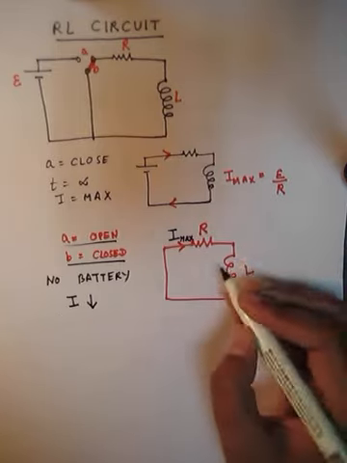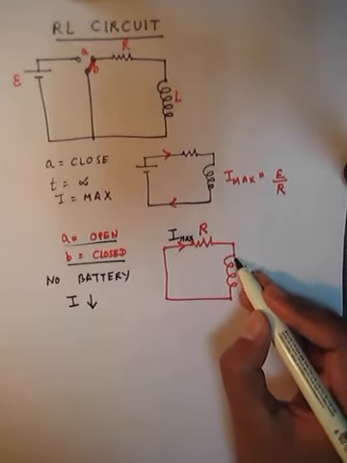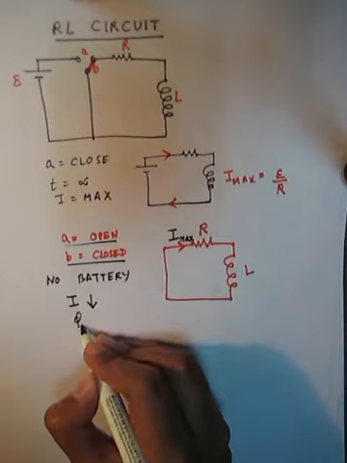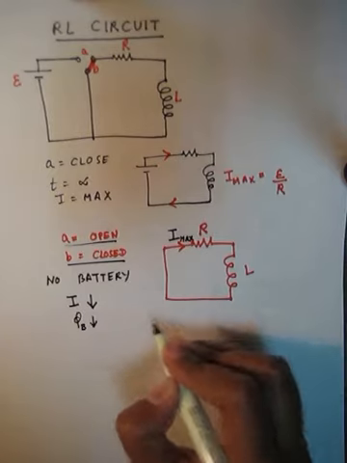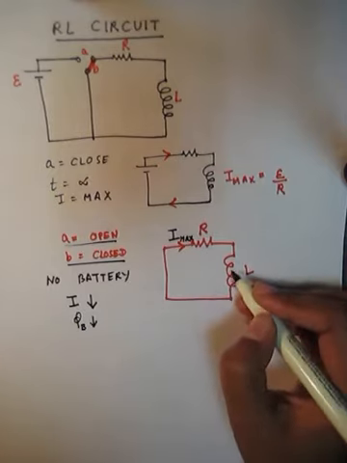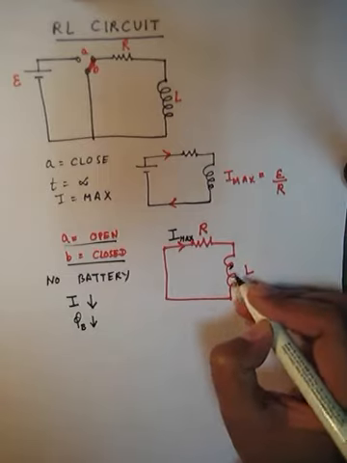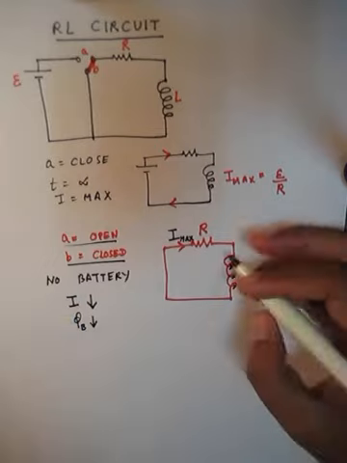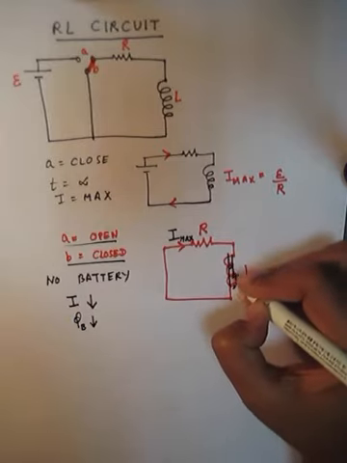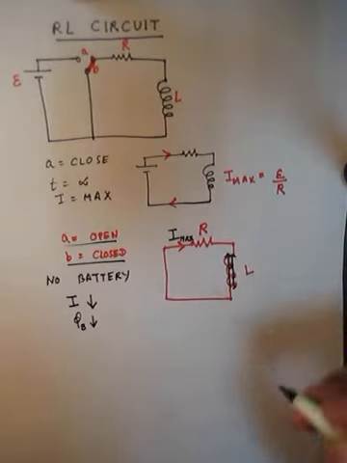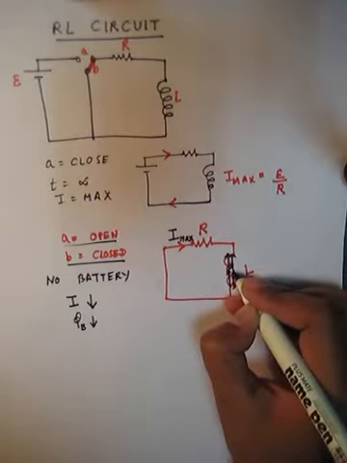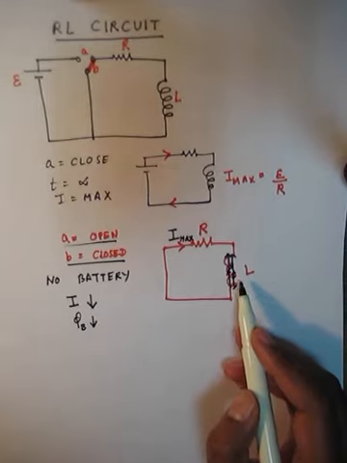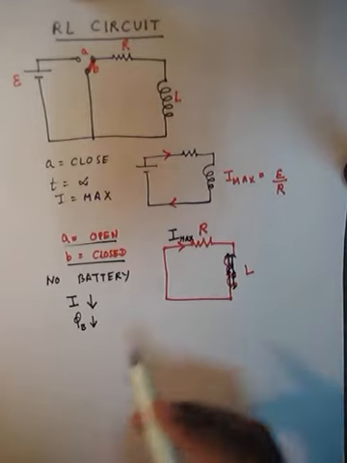If the current through the inductor starts to decrease, then the magnetic flux will also start to decrease in the inductor. So if this is how the current is, then the magnetic field in the inductor will be in this direction, and it will start to decrease.